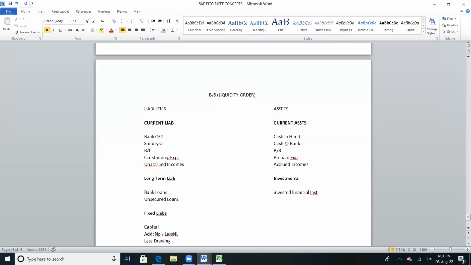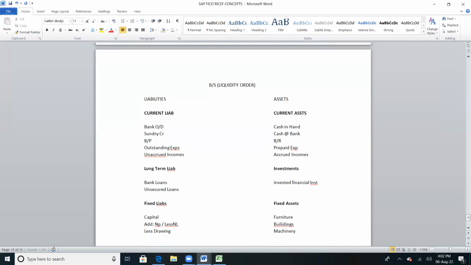Then next, fixed assets: furniture, buildings, machinery, land.